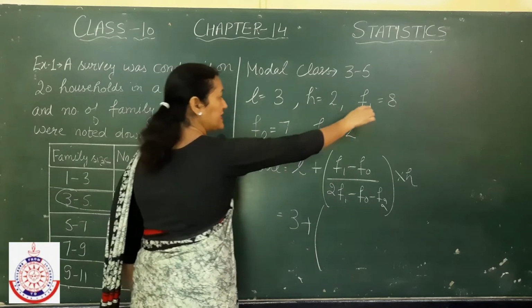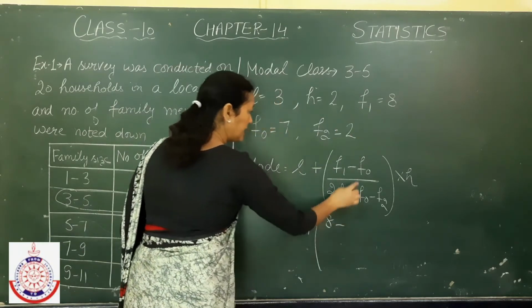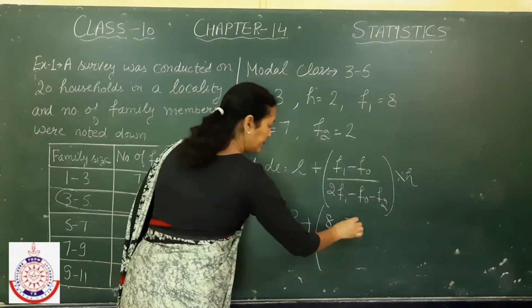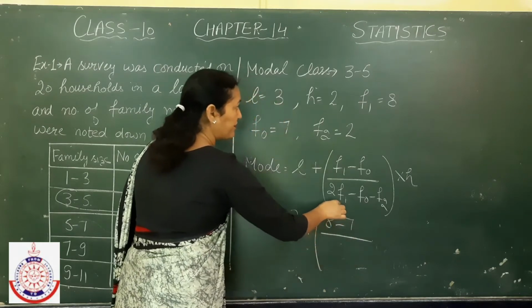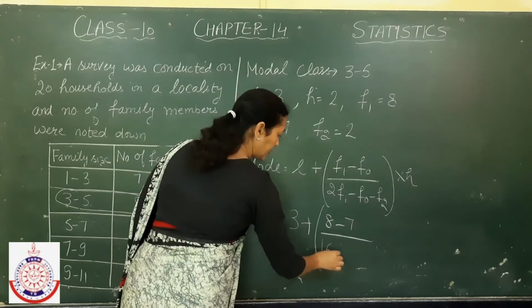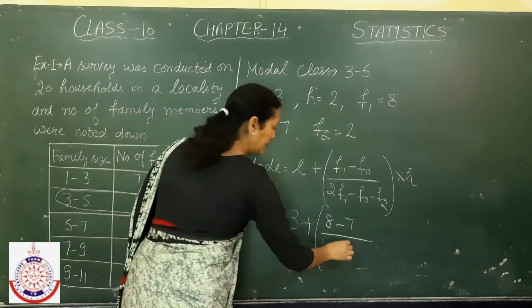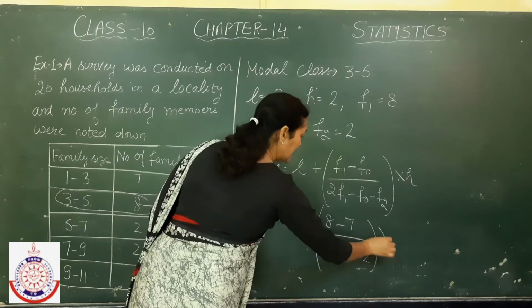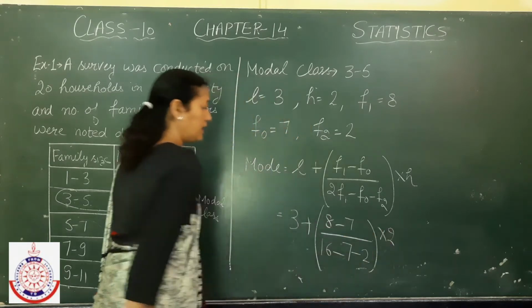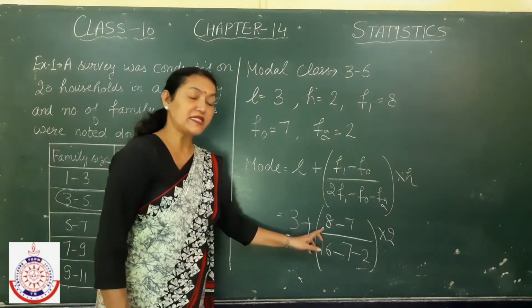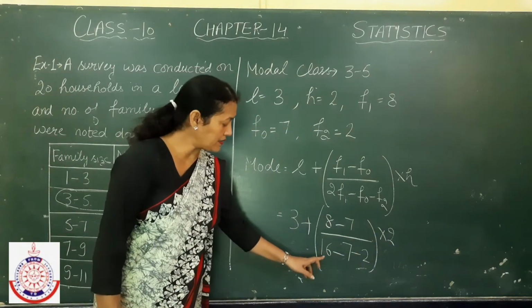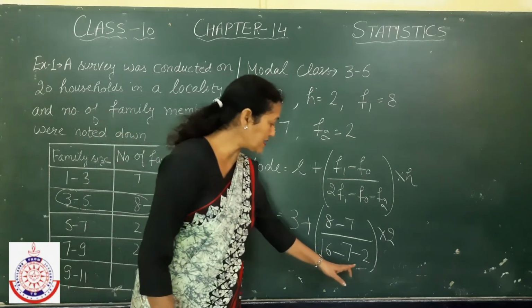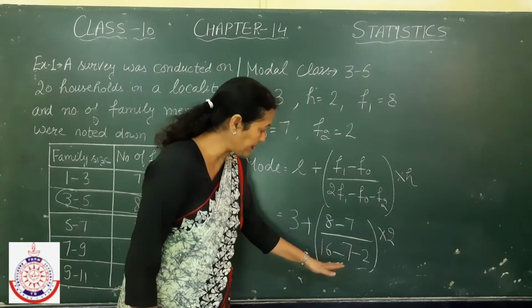F1 is 8 minus F0 7. Double of F1 means 16 minus F0 7 and F2 is 2, and the class size is also 2. 8 minus 7 will give 1 and 16 minus 9 will give 7.